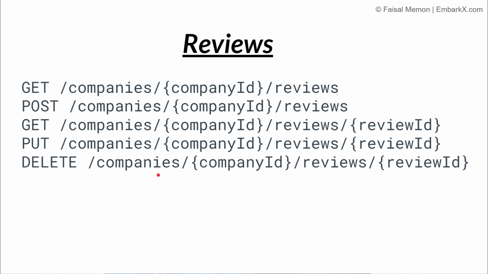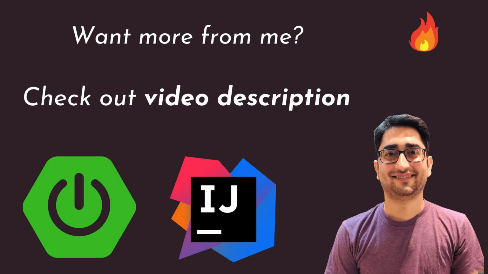So this is going to be similar to the jobs functionality and the company functionality that we have built. We will even have a relationship between company entity and the review entity, where we will have one-to-many and many-to-one mapping between these two entities. All right. So that's about reviews, and let's get started.